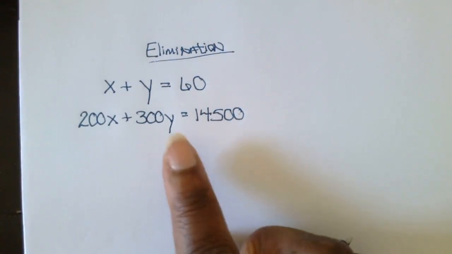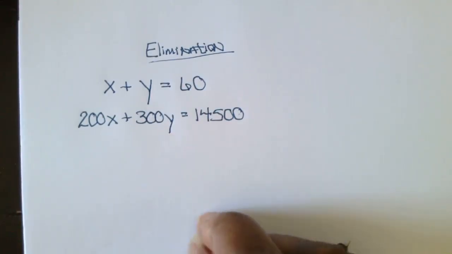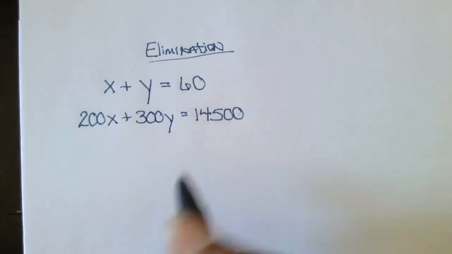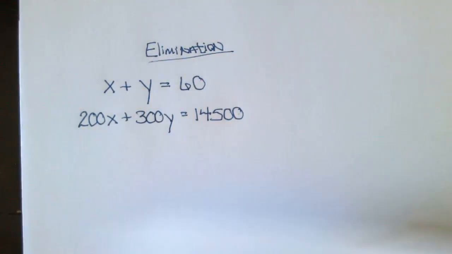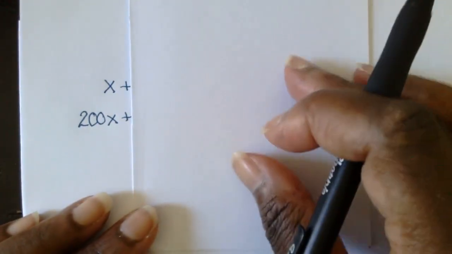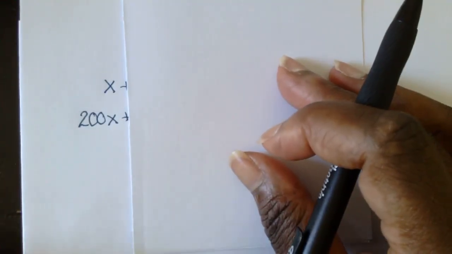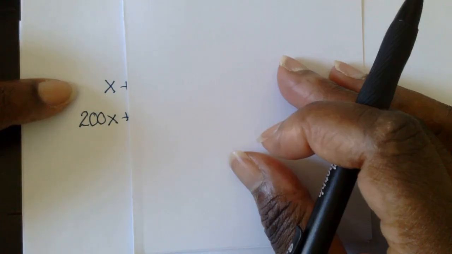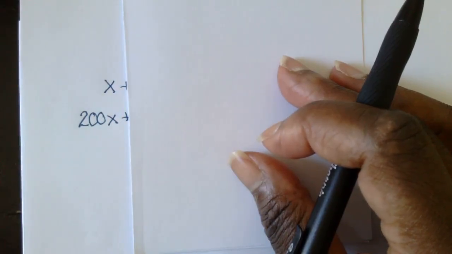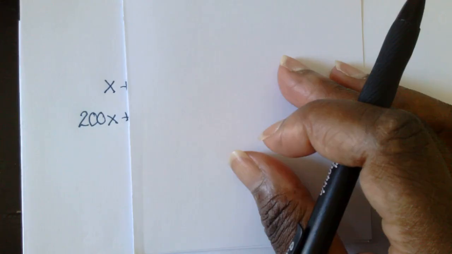Same thing is happening here. But in order for me to eliminate, let me cover this up. In order for me to eliminate, they have to have the same number and the signs have to be opposite. Meaning one has to be positive and one has to be negative.